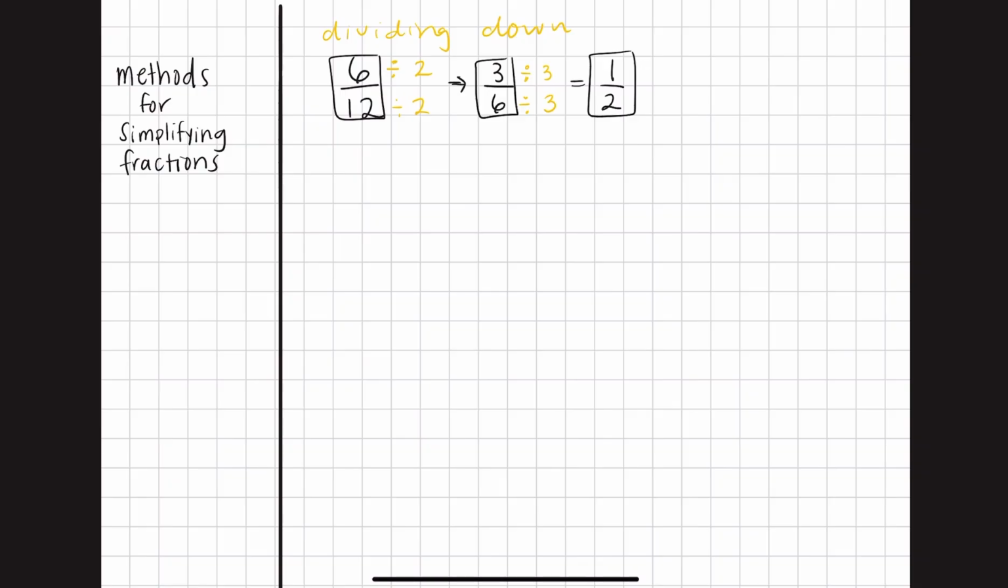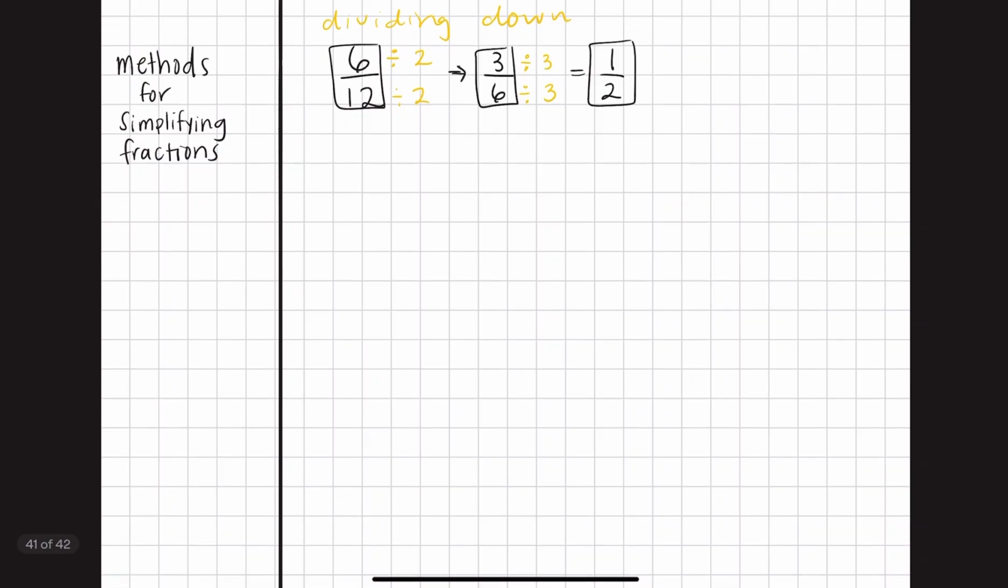Let's say we have a slightly larger number. For example, 24 and 48. Same idea. We can actually continue to divide down. Both of these numbers are even, so I can just start by dividing the top and bottom by 2. 24 divided by 2 is 12. 48 divided by 2 is 24.